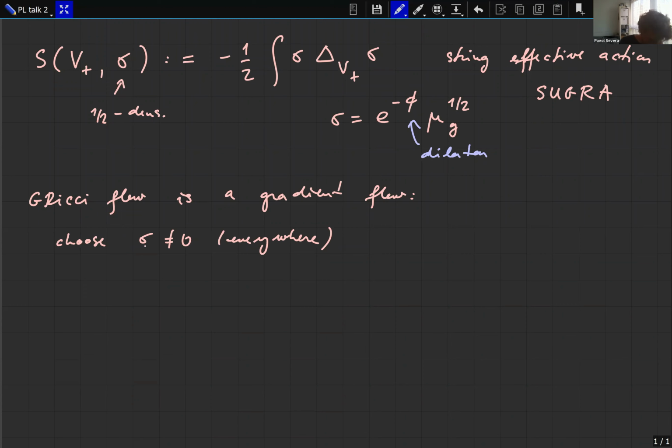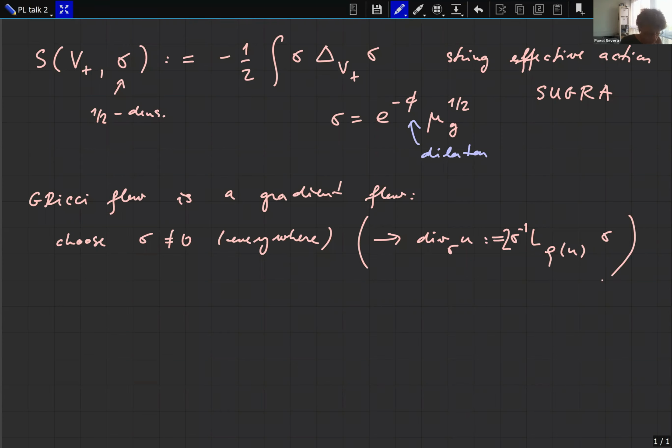Given a half density, we also have a divergence. The divergence of any section u, with respect to sigma, would be something like: we take the Lie derivative of sigma with respect to the vector field associated to u, and then multiply by sigma inverse, and because sigma is a half density, we should multiply it by 2. But anyway.